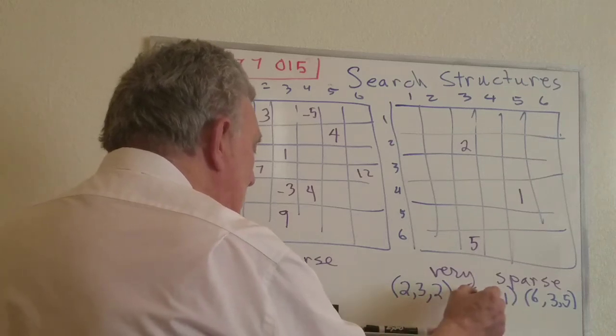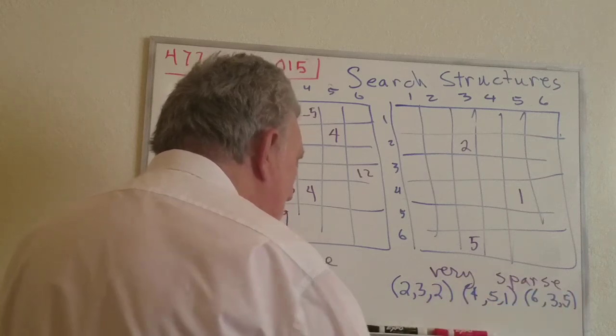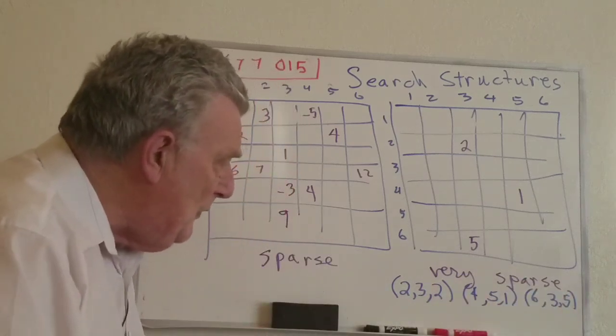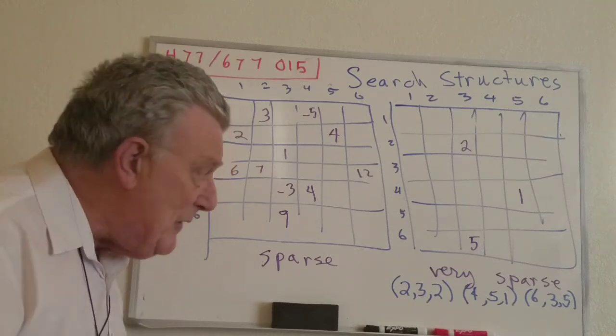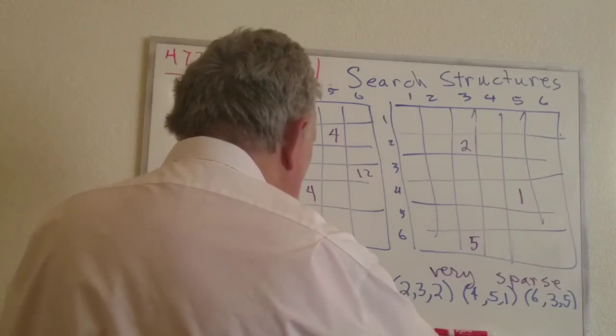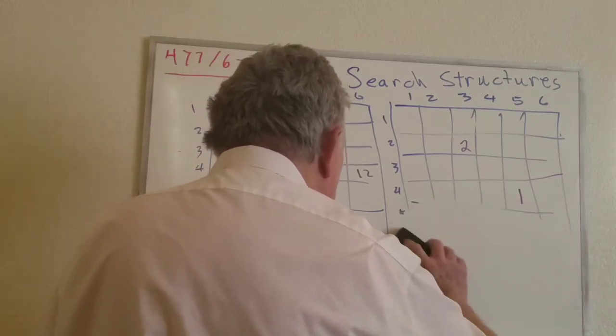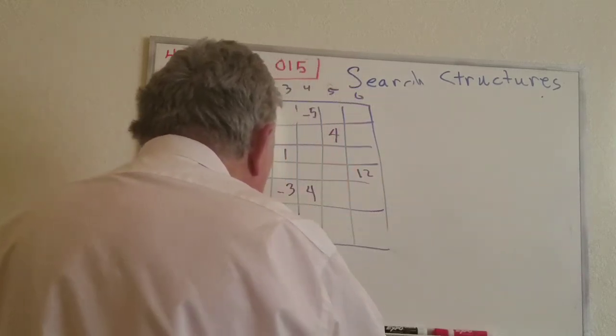There's a 1 in position 4, 5, and there is a 5 in position 6, 3. And you could put those into a search structure and do it the same way you did a one-dimensional sparse array. On the other hand, for an array that is sparse but not very sparse, there's an alternative method.